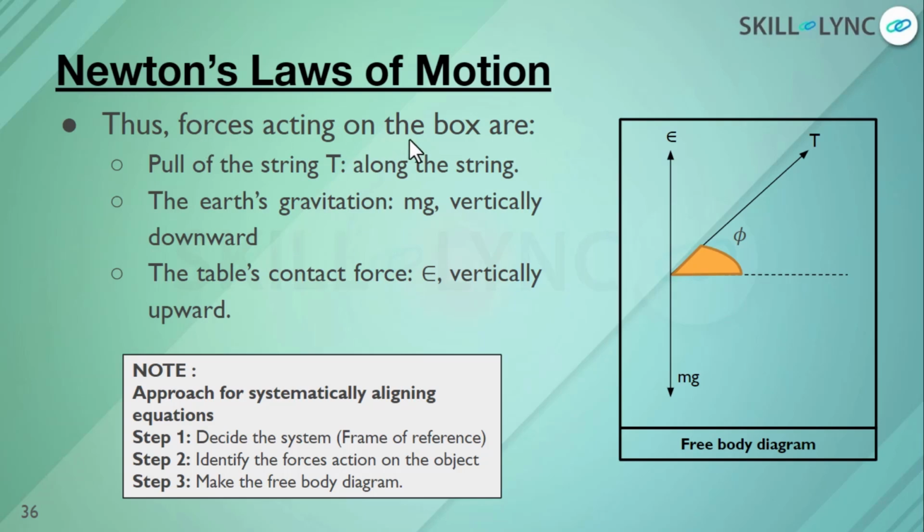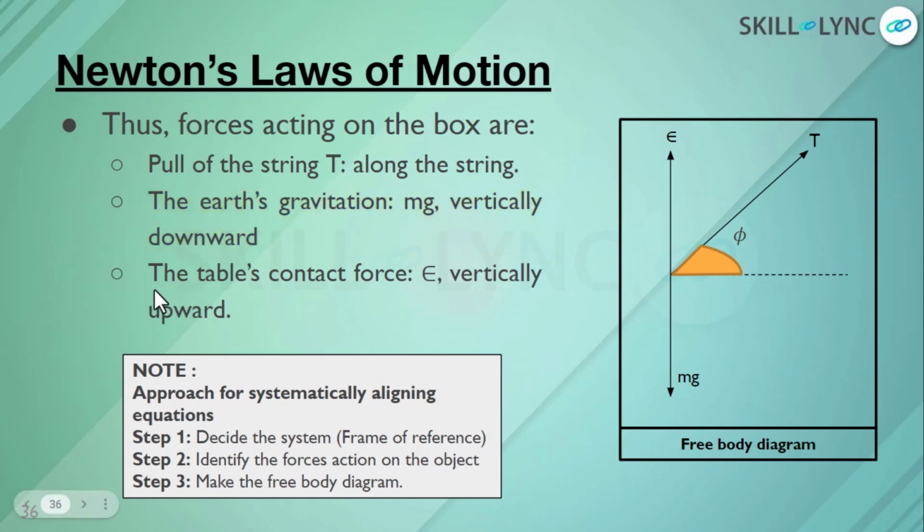Thus, the forces acting on the box are the pull of the string T, which acts along the string. The second force acting is the Earth's gravitational force mg, which acts vertically downward, in the direction of the Earth.